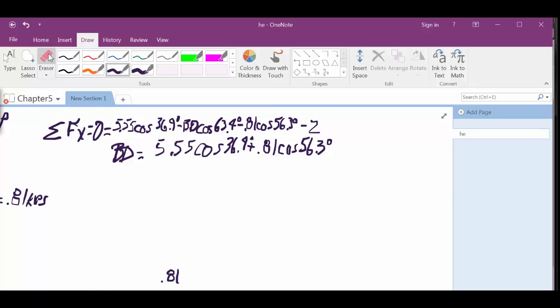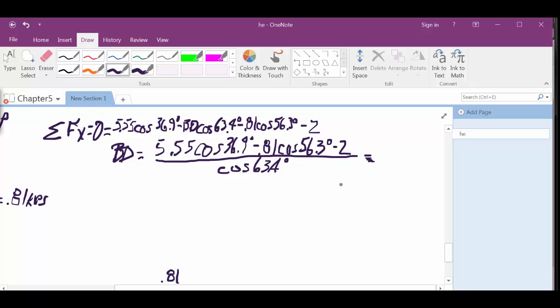Sorry about that. Thank you. 36.9. You tried to talk me out of it, didn't you? Minus 2. These all stay the same. Divided by the cosine 63.4. Punch that in just like that and see what it comes out to.